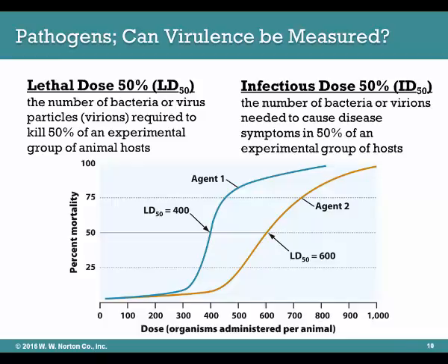So the way that we measure virulence is by either measuring the death rate or measuring how many people get sick.